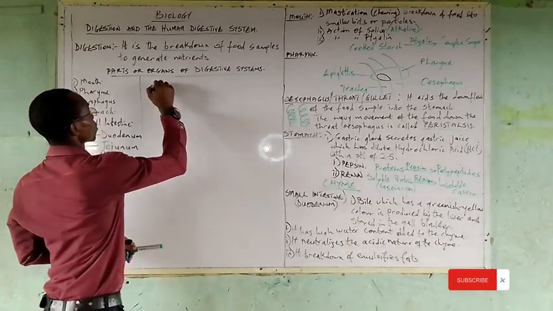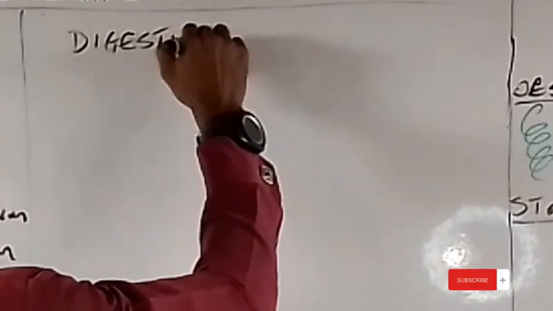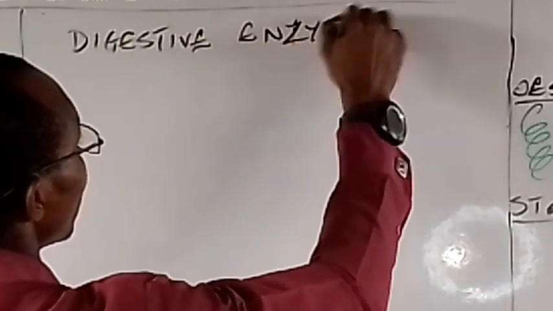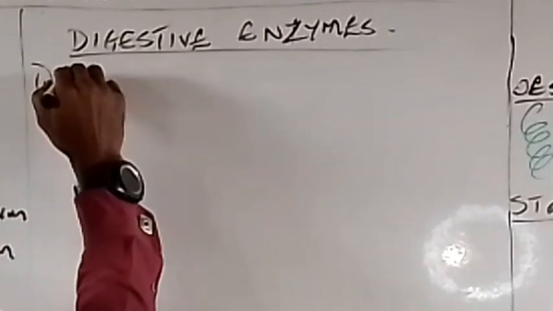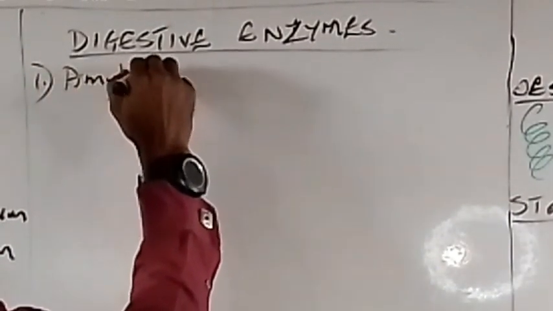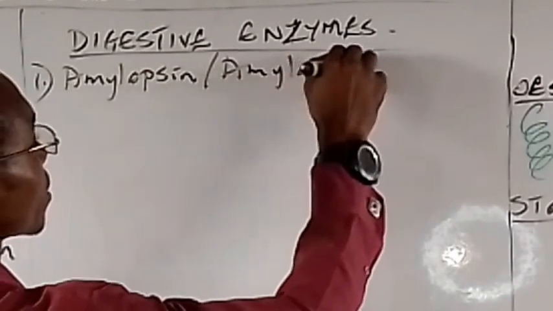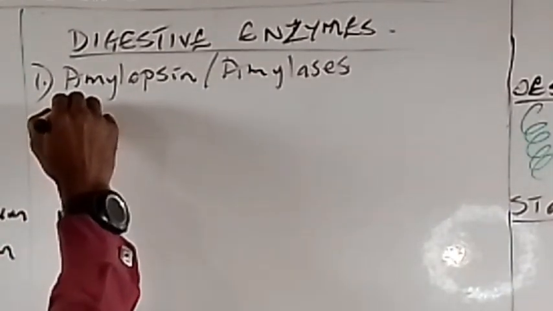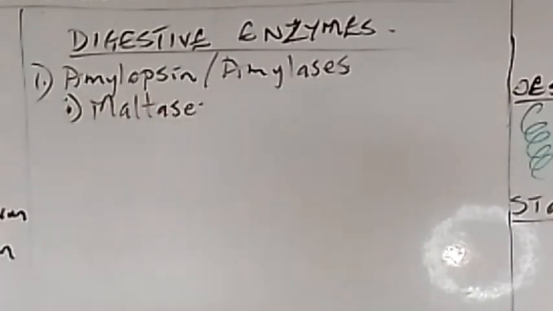So let's put them this way. Digestive enzymes. Number one, we have what is called the amylose, or they are also called amylases. The first one is a maltase.